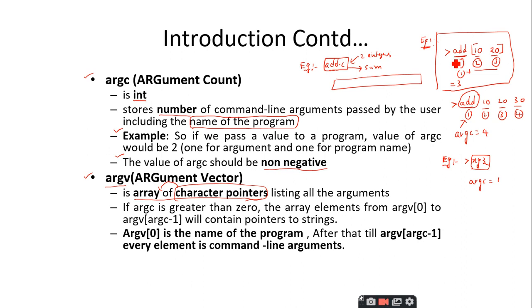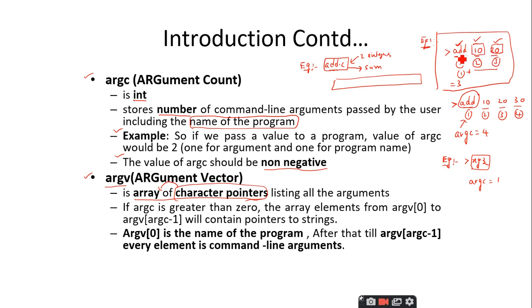command line program, I told you that the program name should be given as the mandatory argument and it should be the first argument. So, the name of the program will be stored inside this argument vector. Similarly, the second value given by the user, 10, is also stored inside the argument vector, and 20 is also stored in the argument vector.